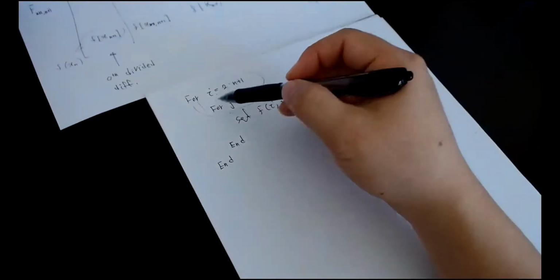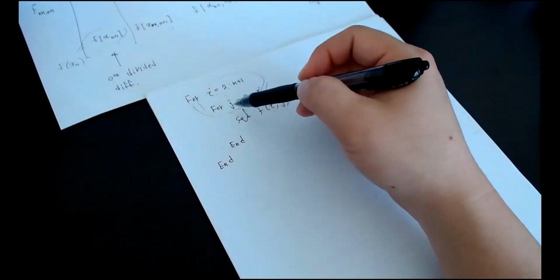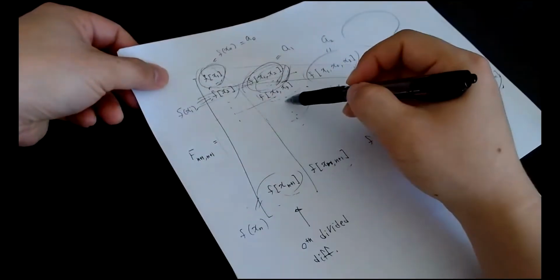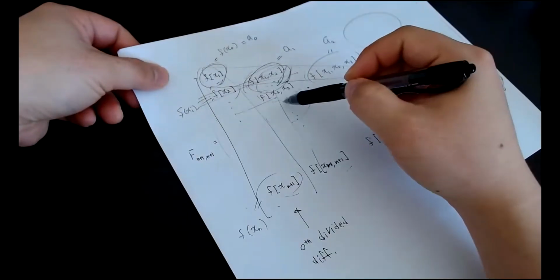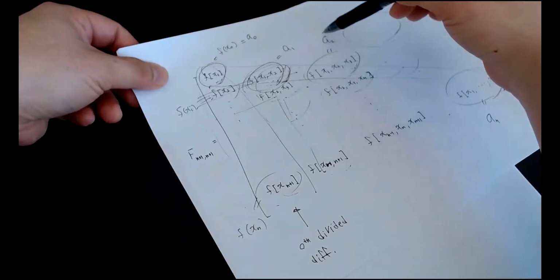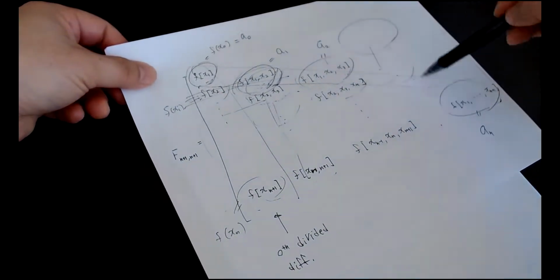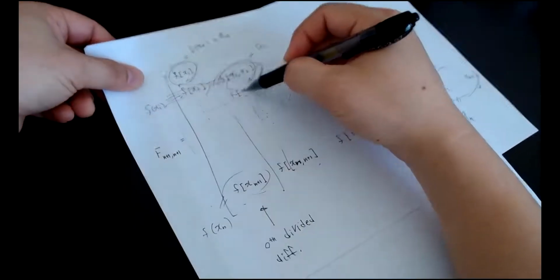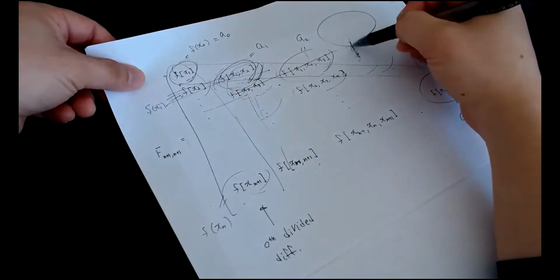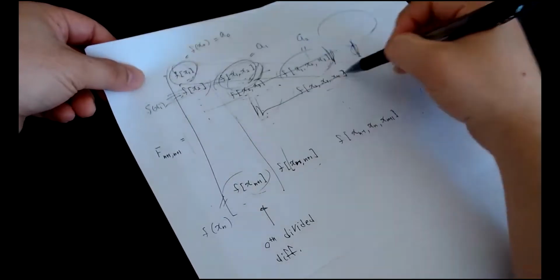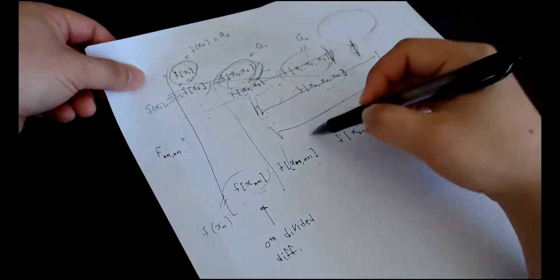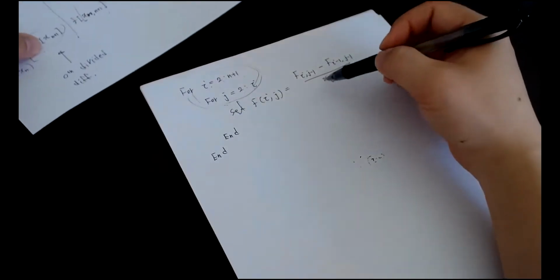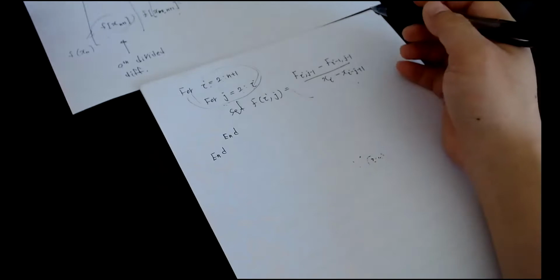While i is moving from 2 to n plus 1, j moves from 2 to i, from the second column to the diagonal entry column. From here to the diagonal entry, from here to the diagonal entry. Now then, what about this? Look at this.